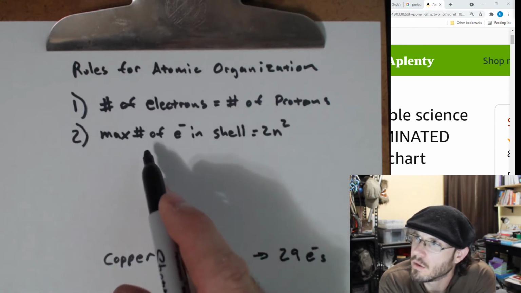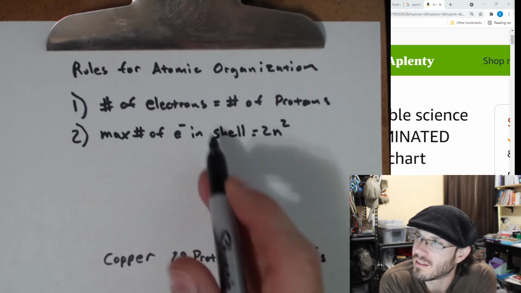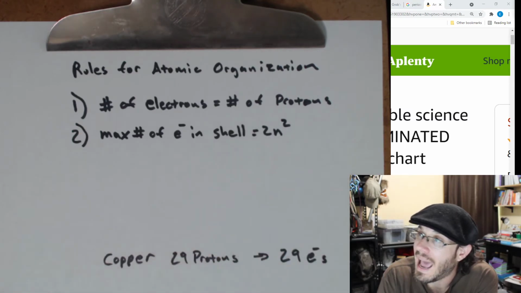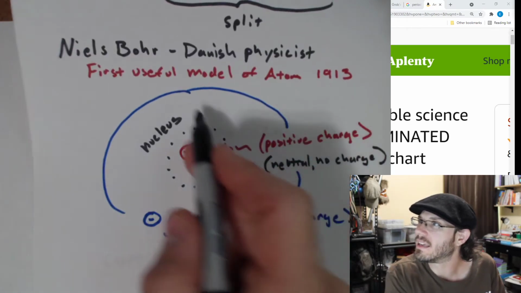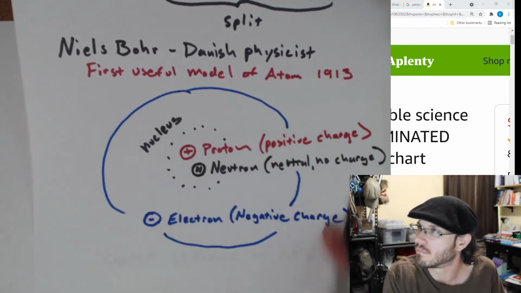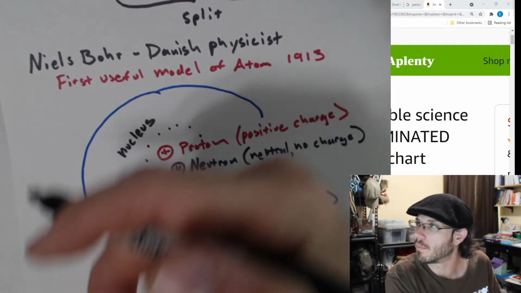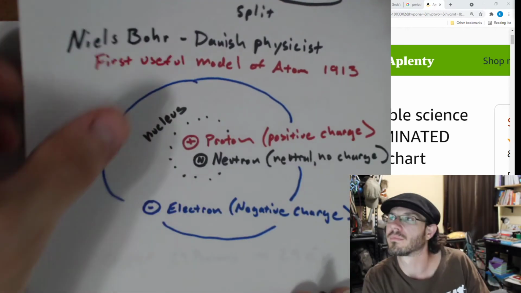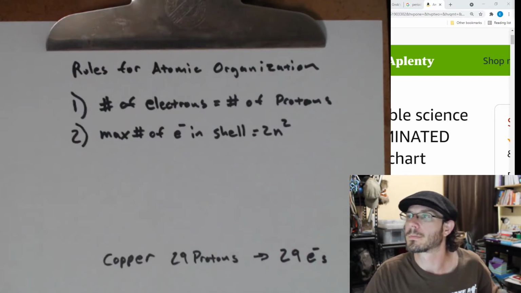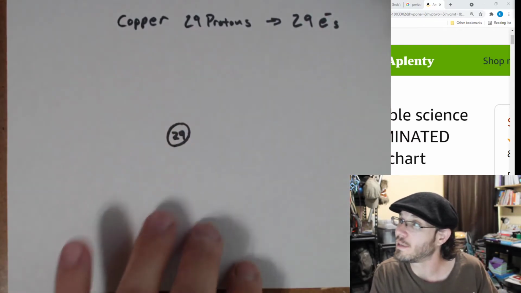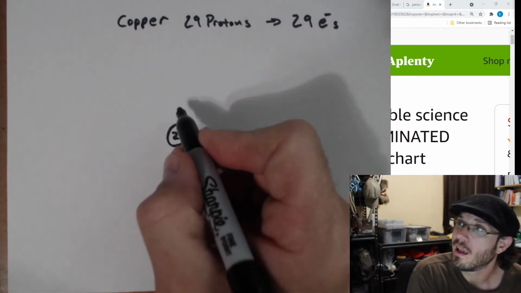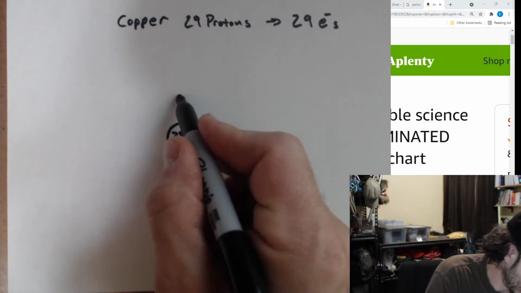All right, so max number of E's in shell. What is shell? As it turns out, they are not going to all orbit the same orbit. There are different orbits further out. So we're going to end up with, and you'll see why in a minute, 4 shells.